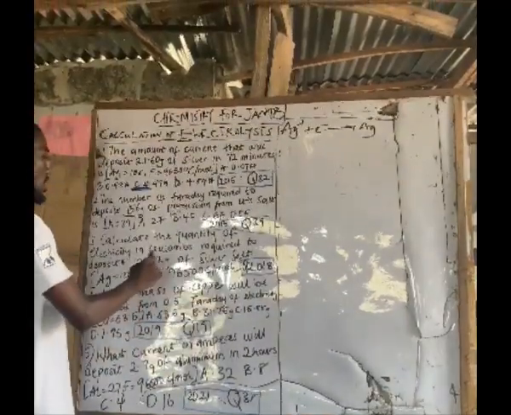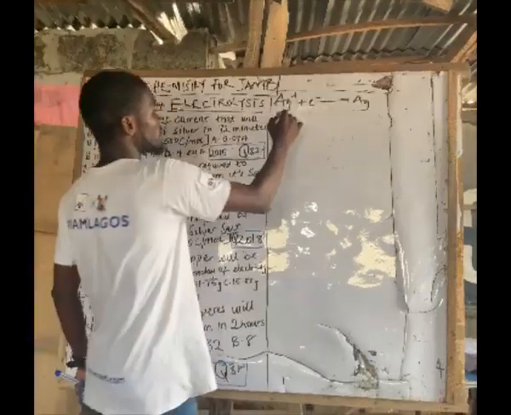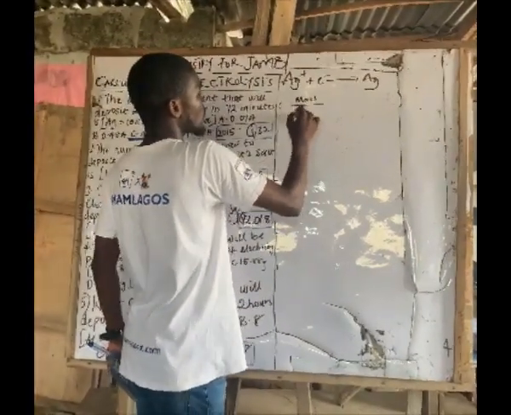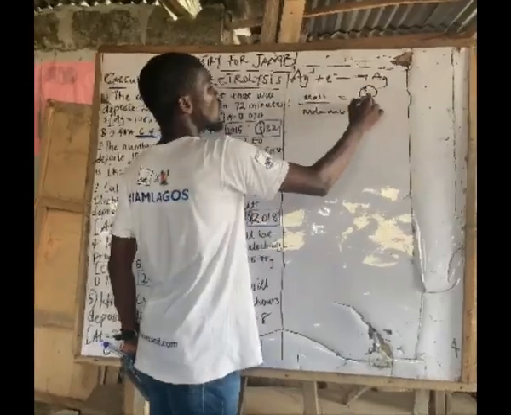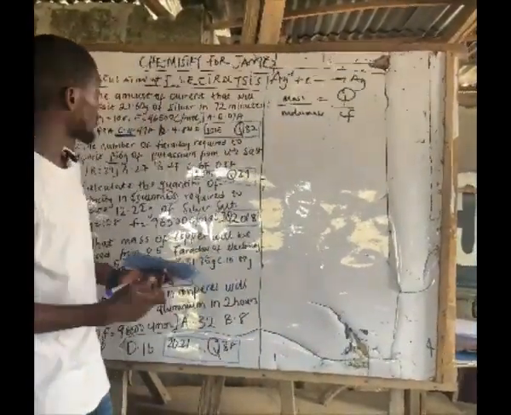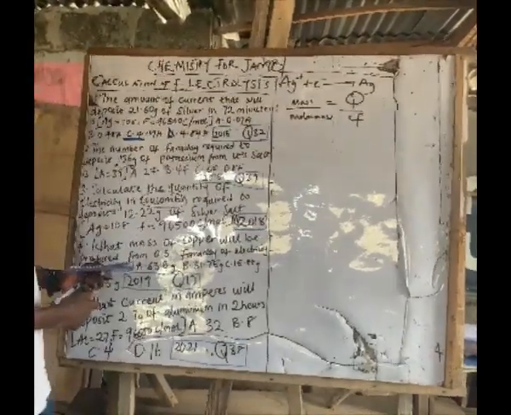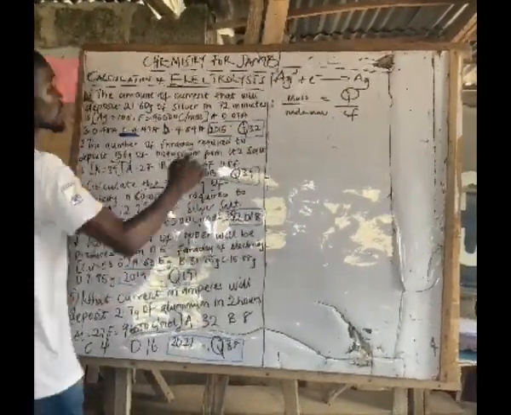So to get the quantity of electricity, we can say mass over molar mass is equal to Q over CF, instead of using IT, because we are asked to look for the quantity of electricity.